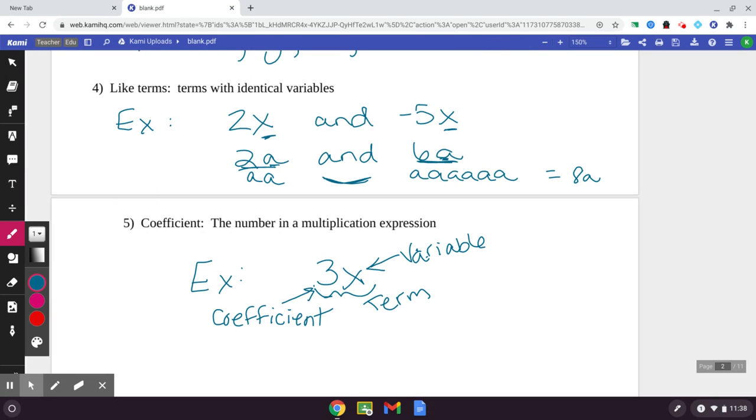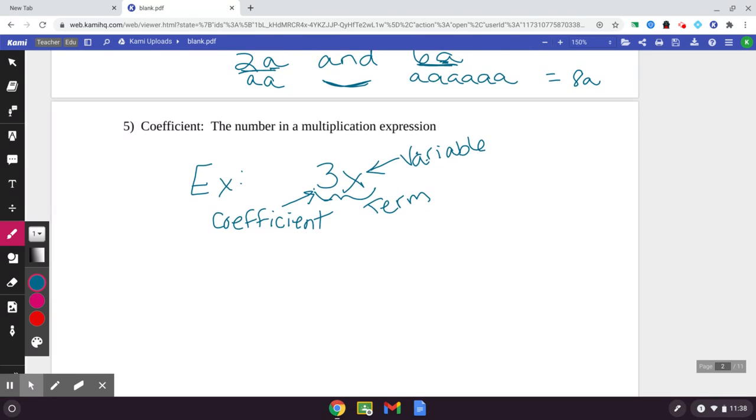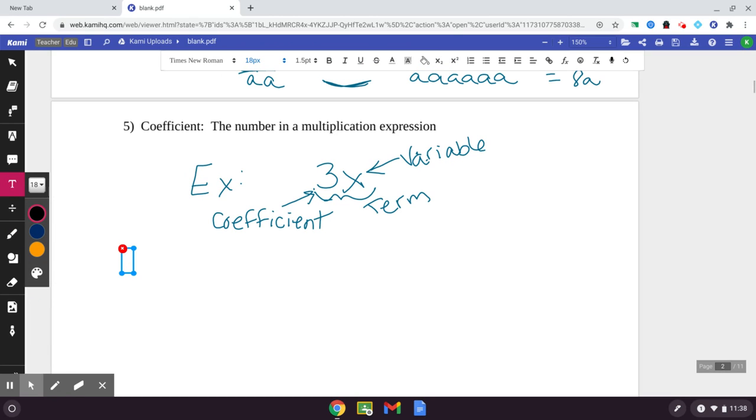All right, last vocab word is algebraic expression. An algebraic expression is just where you have numbers, variables, and symbols.